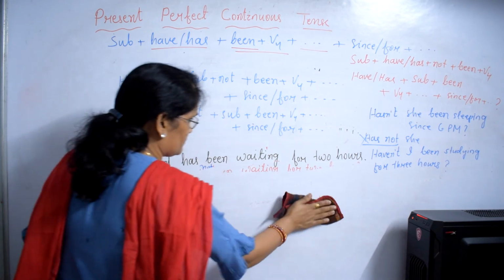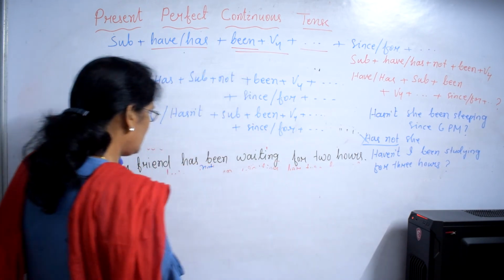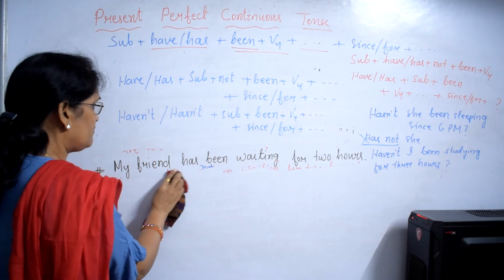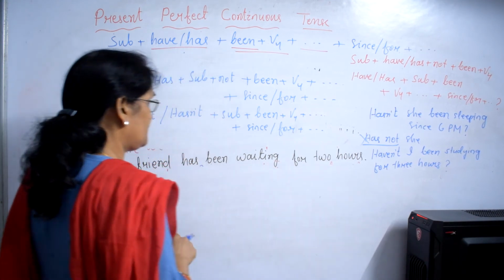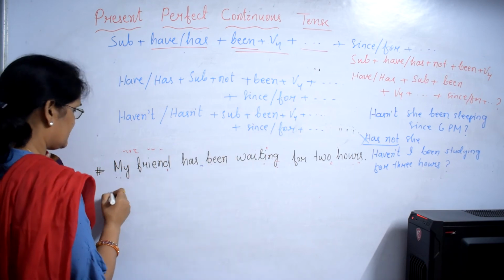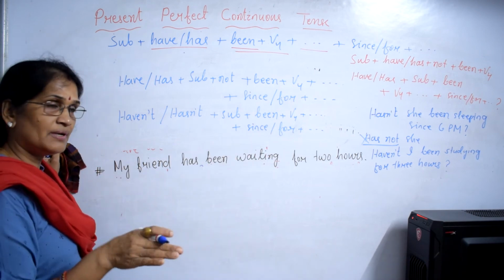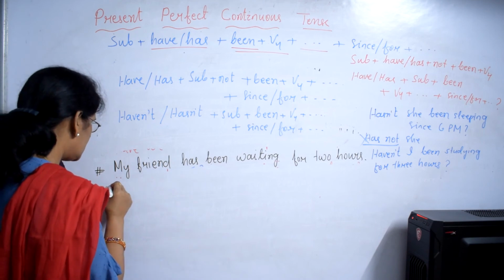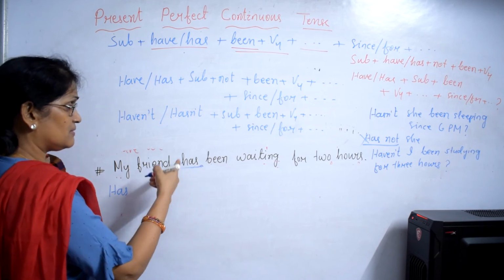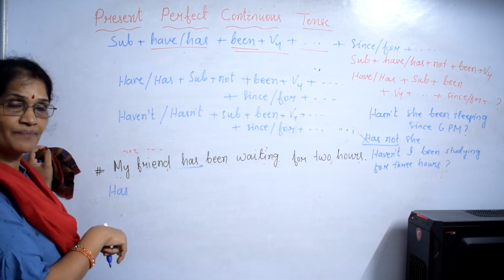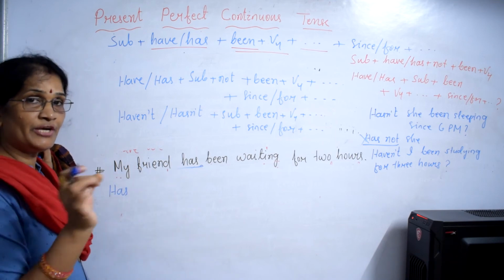So now we can change any present perfect continuous sentence into negative and interrogative form. Okay. The last one I am doing here: my friend has been waiting for 2 hours. Change the sentence into negative interrogative. So, has. When you write the first auxiliary in the front, that will be an interrogative sentence.